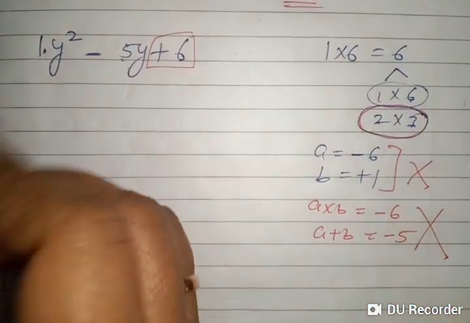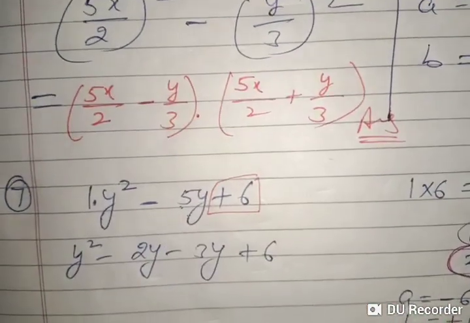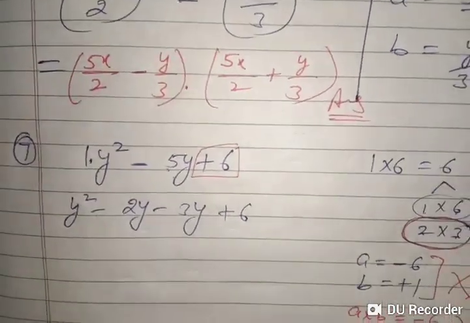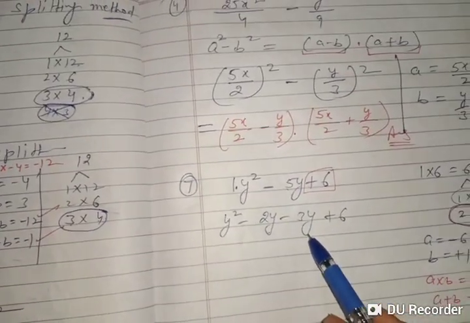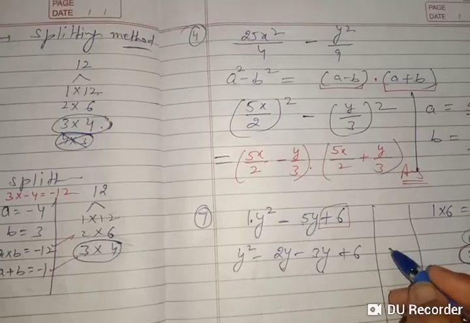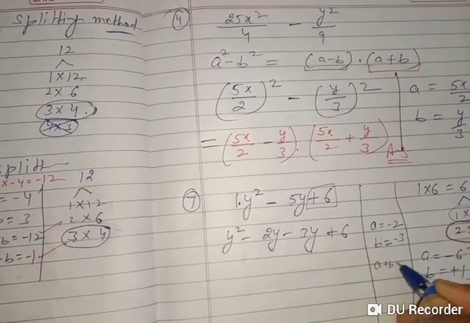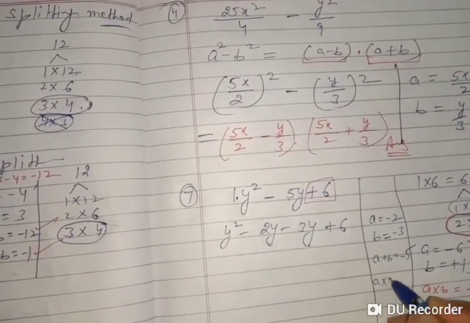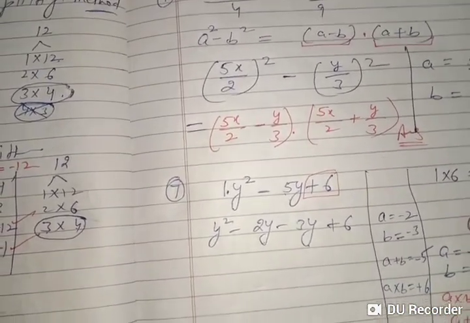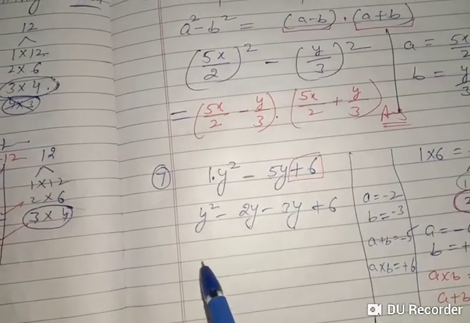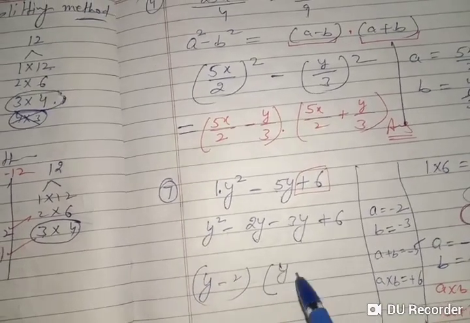So I will take y square minus 2y minus 3y plus 6, because minus 2 and minus 3: A is minus 2 and B is minus 3. So A plus B gives us minus 5 and A multiply B gives us plus 6. After taking common, you will get the final answer as y minus 2 and y minus 3.